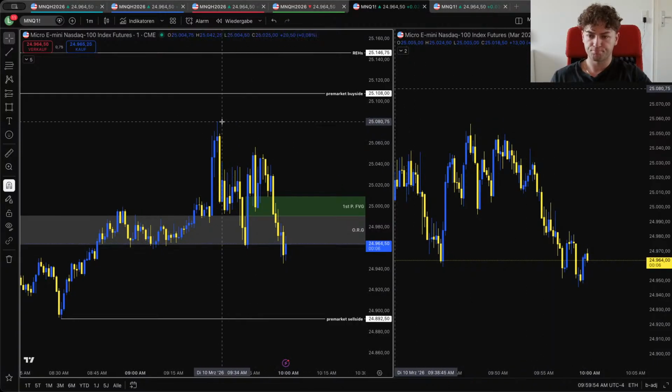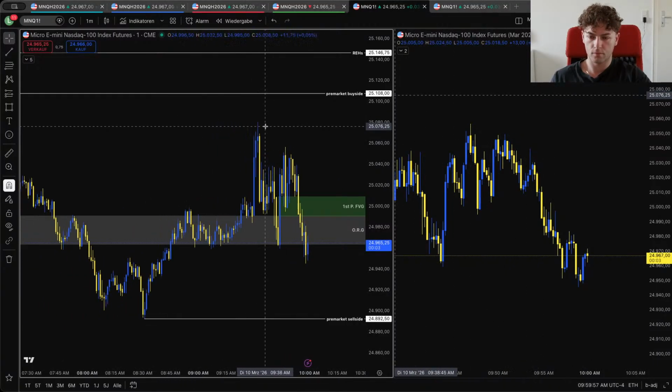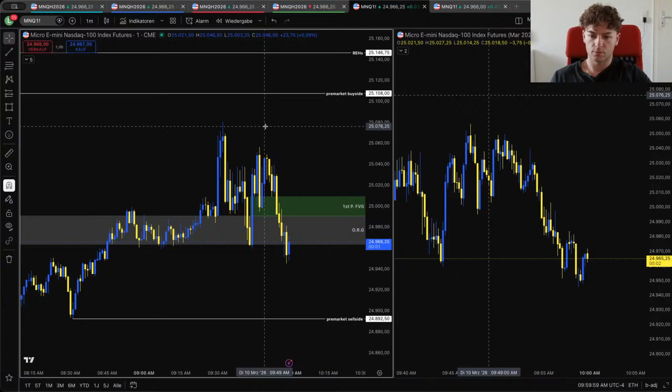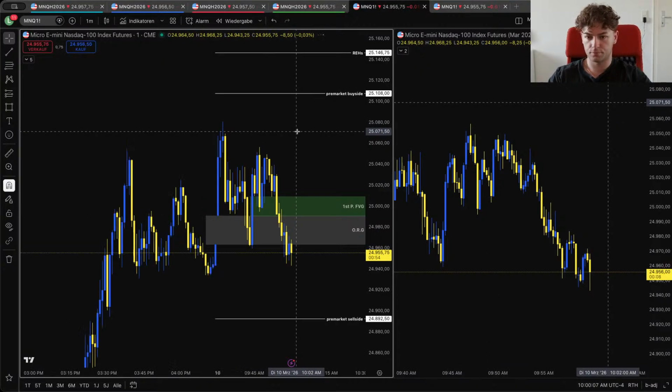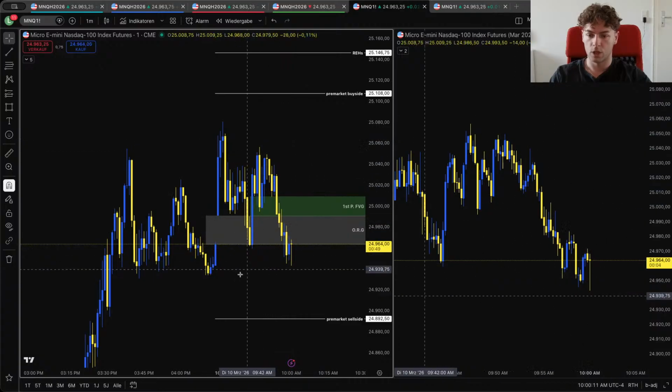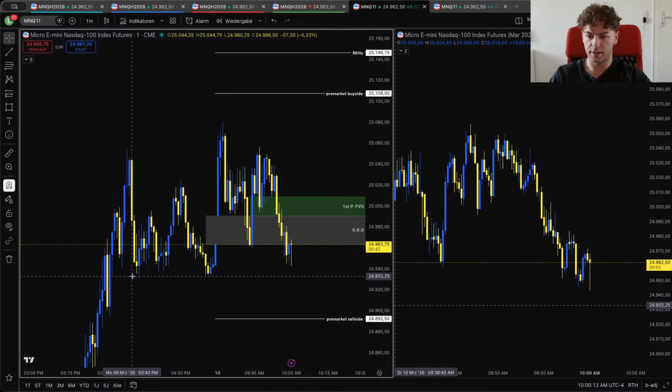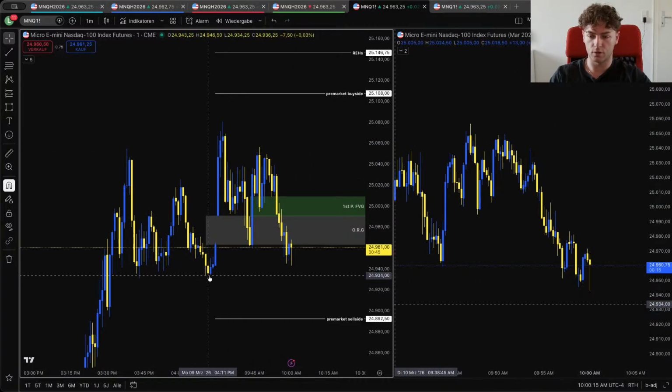So I guess retail sentiment right now is rather bearish because we may see a breakout below these relatively equal lows.